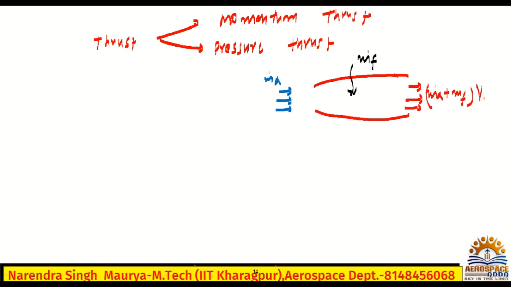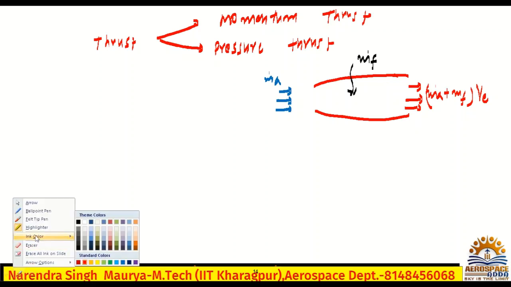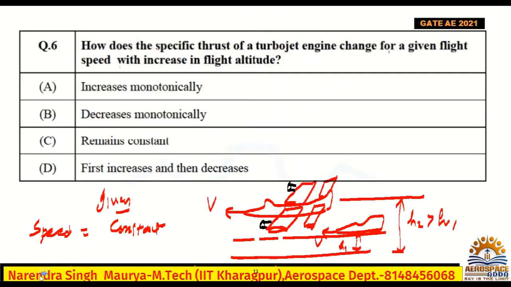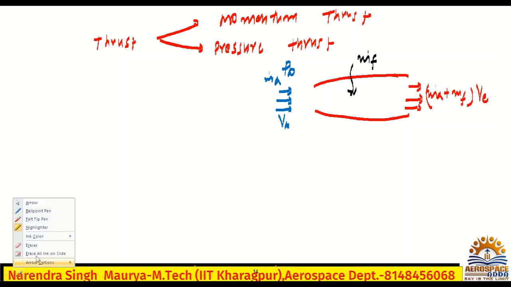What is the exit velocity? Ve. What is the inlet velocity here? It is nothing but v infinity, the free stream velocity. And what is the exit pressure? It is nothing but pe.